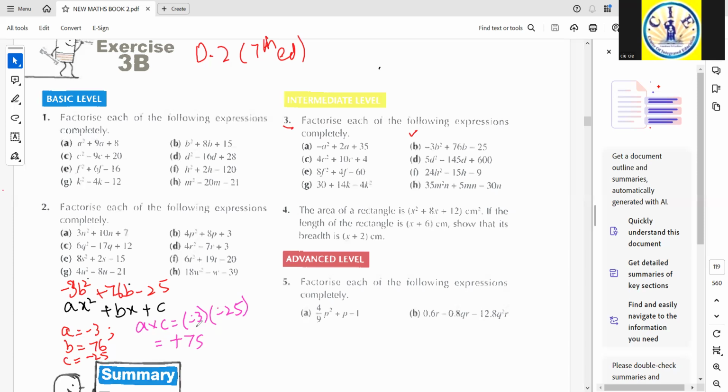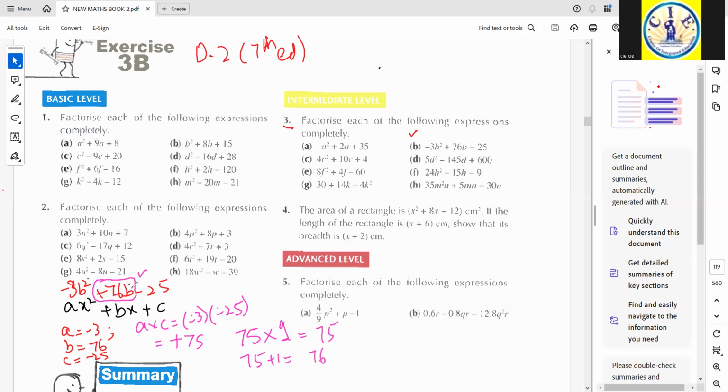Positive 75, we need to have the middle term to be positive 76. One thing is that for 75, we can have 75 times 1, which would be 75. And if you add them, 75 plus 1, you can get the middle term 76.